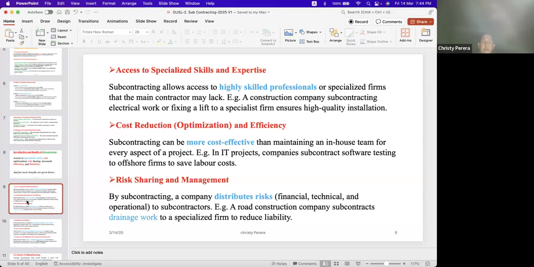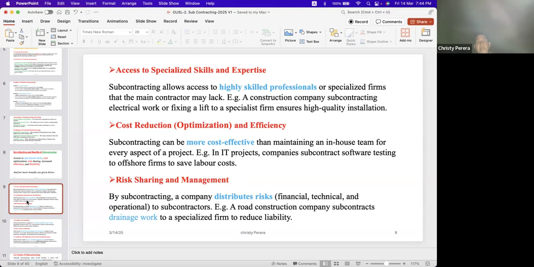Risk sharing and management. By subcontracting, a company distributes risk, financial, technical, and operational, to subcontractors.